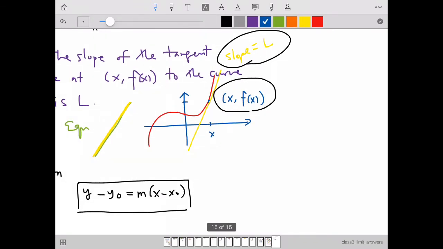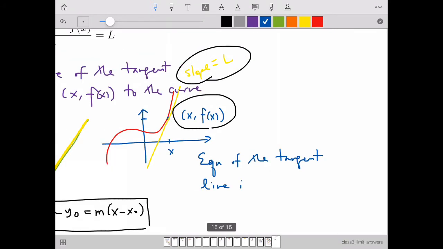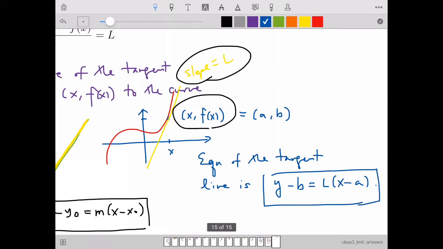So the equation of the tangent line, if we call this point a comma b, is y minus b equal to L times x minus a. Okay, so equation of the tangent line to be memorized.